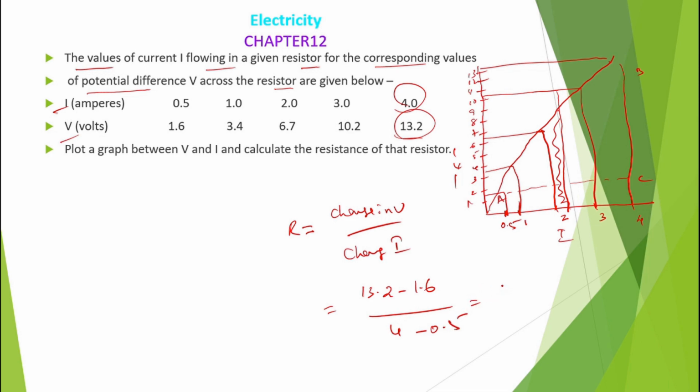So if you simplify this, you will get 11.6 divided by 3.5. So again, if you simplify this, you will get R is equal to 3.314 ohm. This is the answer.